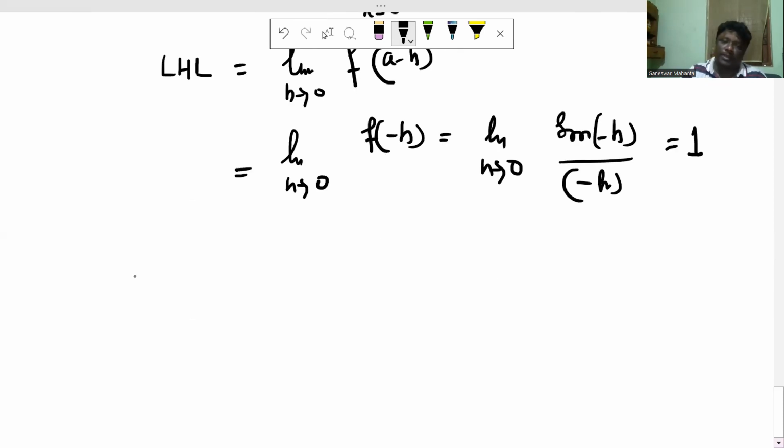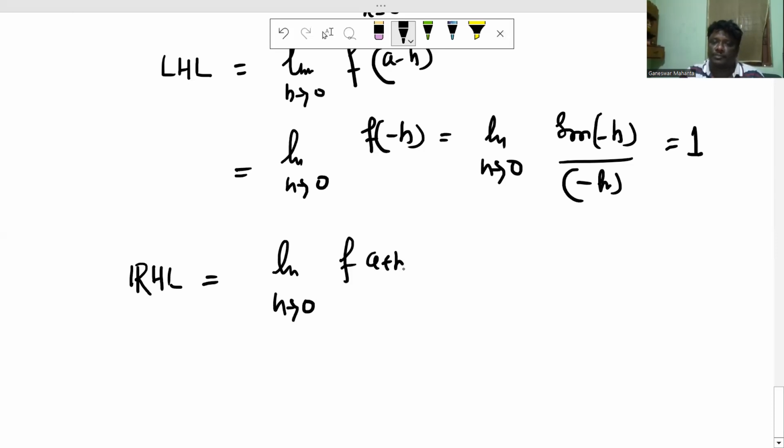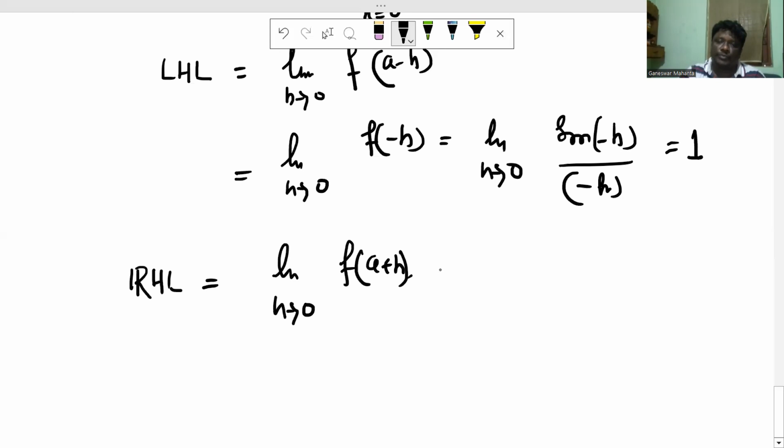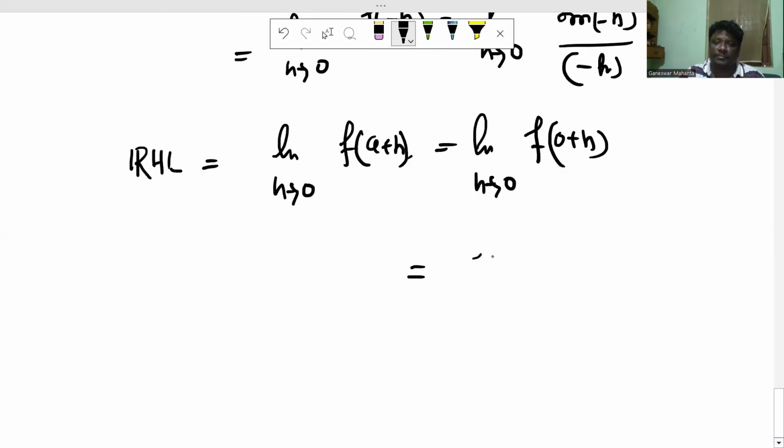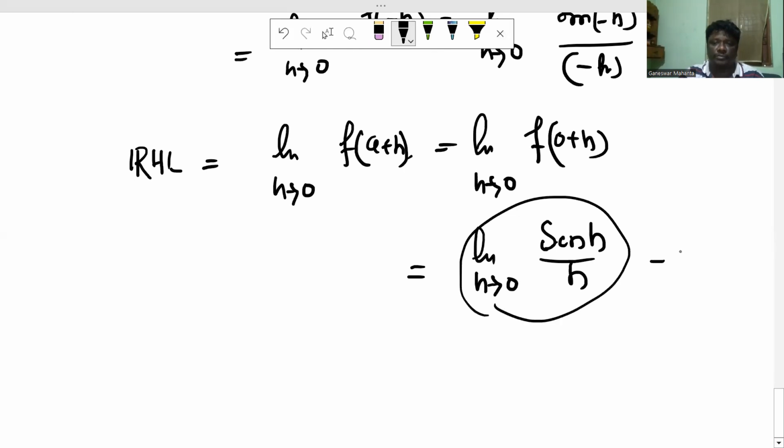Again, the right hand limit we have to consider. Limit h tends to 0 of f of a plus h, that is limit h tends to 0 of f of 0 plus h. So what is the value? Limit h tends to 0 of sin h by h, which by the formula is also 1.